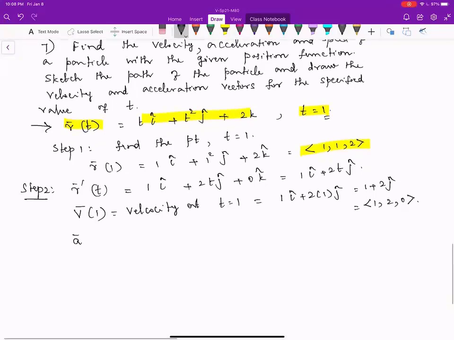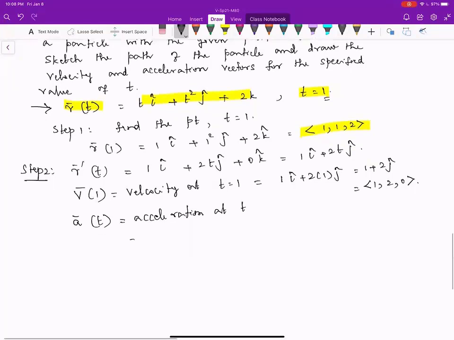We are going to do the acceleration. That is the acceleration at time t. Acceleration is the derivative of velocity. So we have to take this one and then differentiate each component. That will be 0i plus 2j plus 0k.